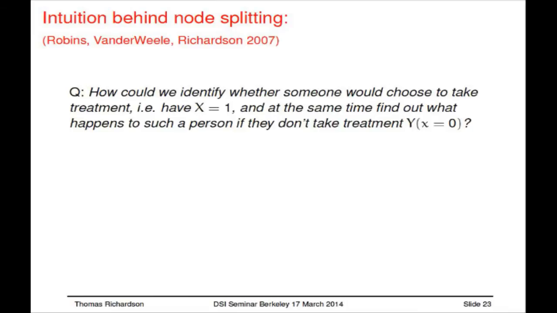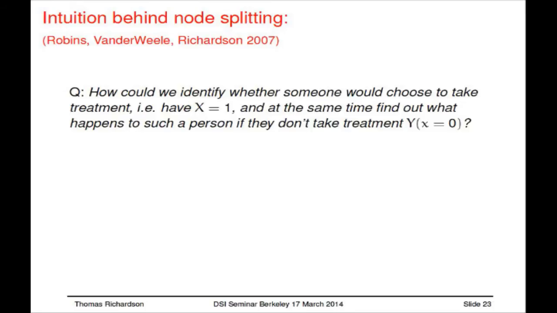Let me take a little pause here and give you a bit of intuition behind this node splitting. So you might ask yourself, I've got this graph, I've got x, and I've got y of x equals 0.